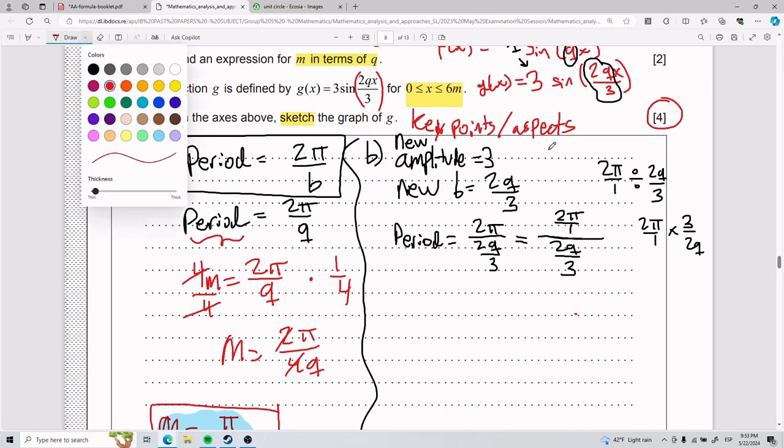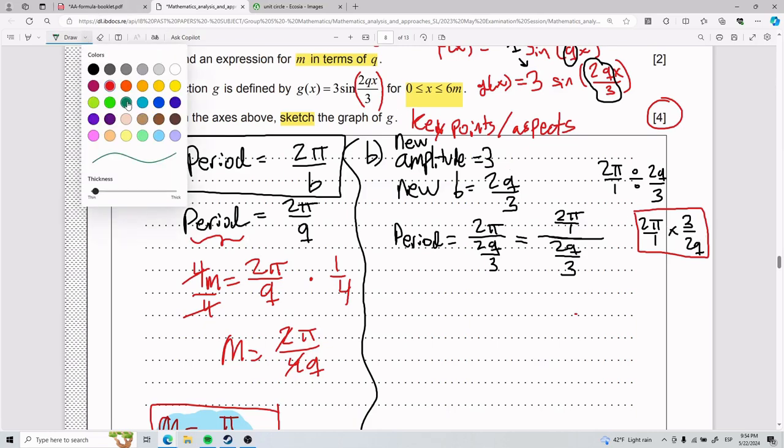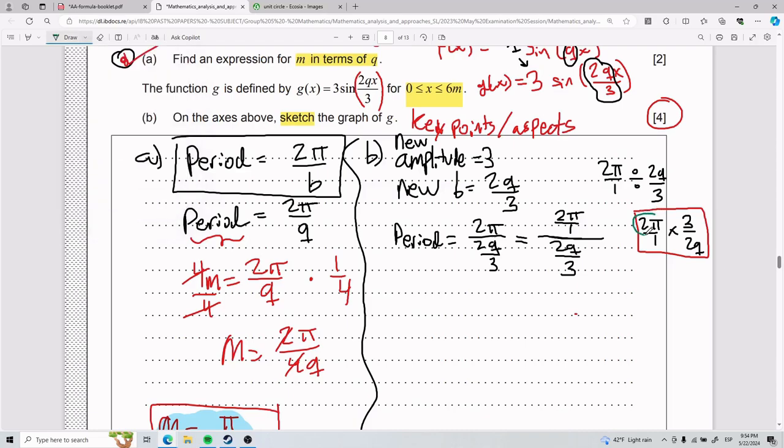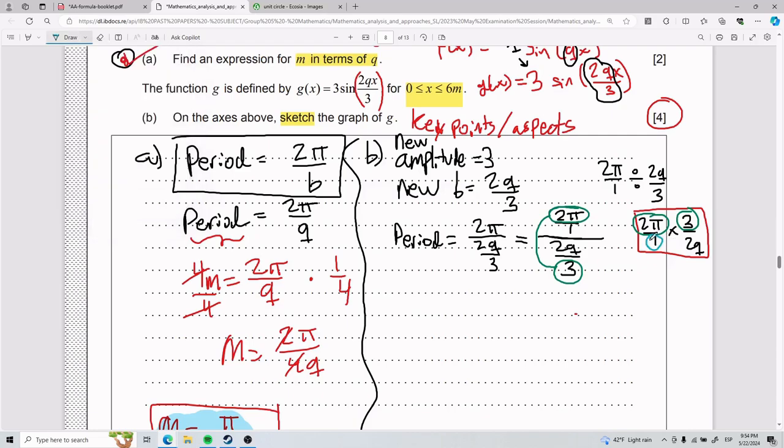Now notice, here's something interesting. This is like a math tip, okay? So the last step you reach is 2 pi times 3 and 1 times 2q. And so something very visually appealing when you have big fractions like this is that the 2 pi times 3 up top are the extremes multiplying each other, while the 1 times 2q are the ones in the middle multiplying each other.